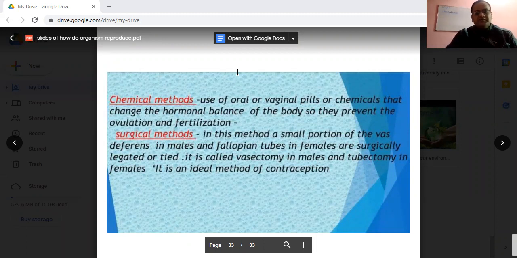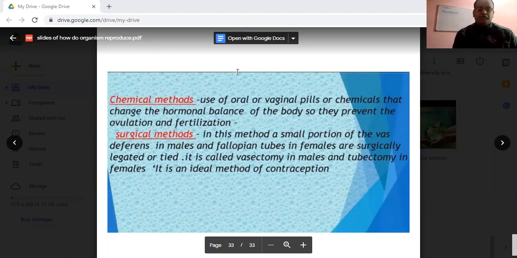Long-term use of the chemical method, like the contraceptive pill, is not preferred because it creates hormonal imbalances in the body. Sometimes in the board examination it also comes up: among the two partners, who takes the chemical method of prevention? It is the female.